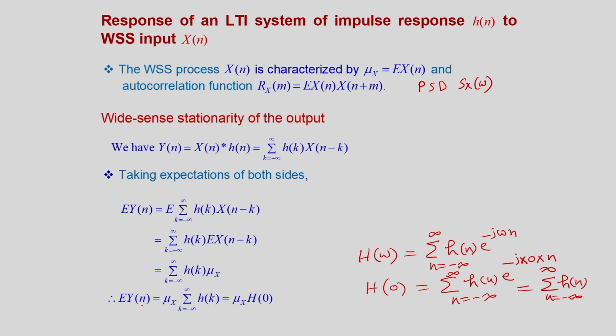So, that way E of y[n] is equal to mu x into H(0). What does it mean? That E of y[n] is a constant now, this is a constant, and this quantity is a constant. So, this is one of the requirements for a WSS process, that the process should have constant mean, and we have seen that y[n] has constant mean.